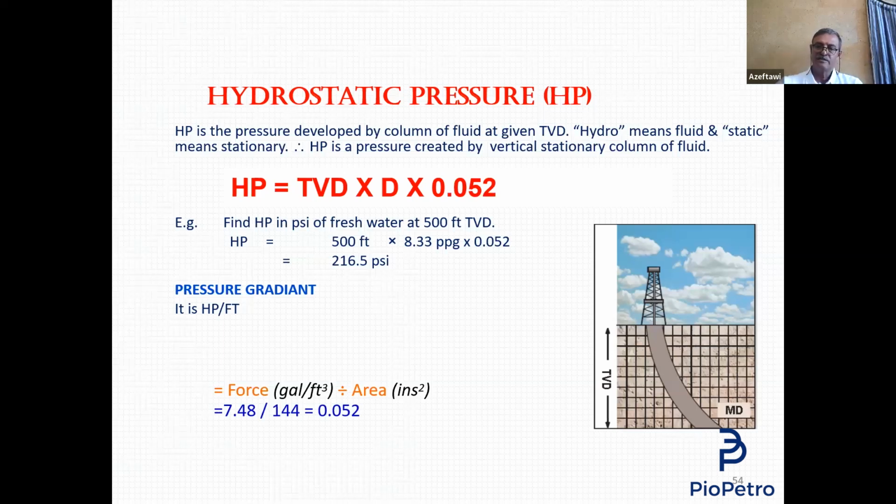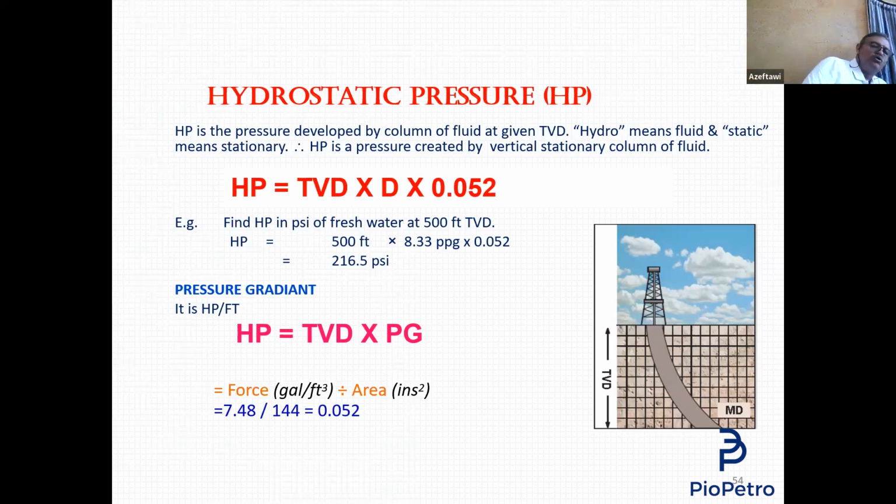If this is the case, I can easily say that the hydrostatic head pressure, in another term, is the TVD times the pressure gradient. Because the pressure gradient is the hydrostatic head per foot multiplied by the number of feet, then you get the hydrostatic head pressure.